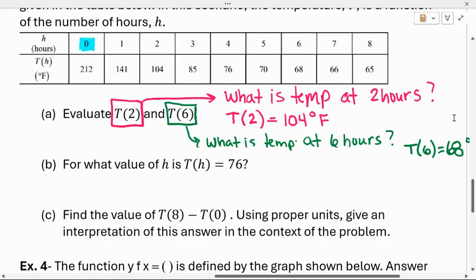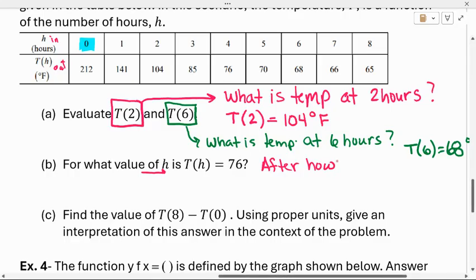Sorry. All right. So question B says, for what value of H, remember H is your input. H is your input right here. These are your inputs. These are what you get out. Okay. So for what value of H is T of H 76? So that's the same thing as saying after how many hours is the temperature 76? Yeah, I'm going to write that down though. You are exactly correct.